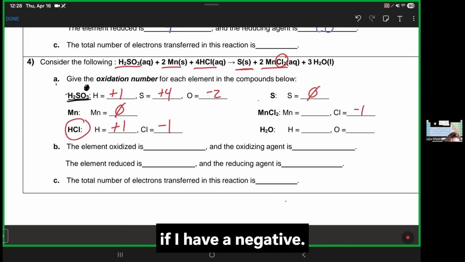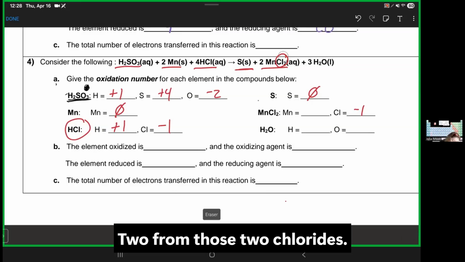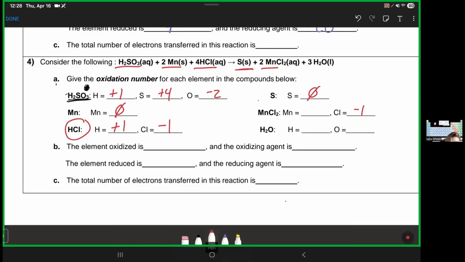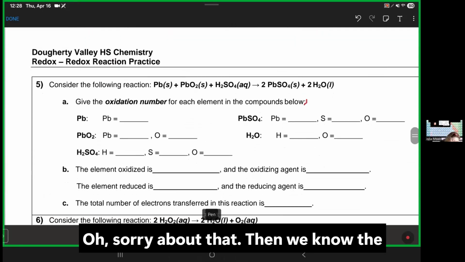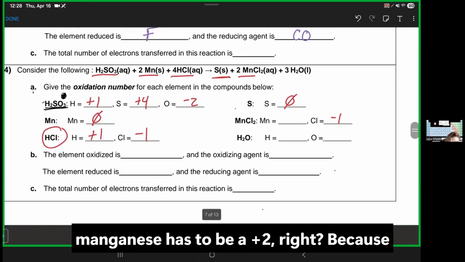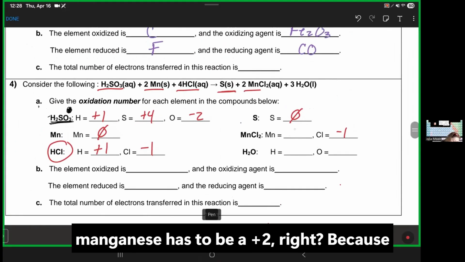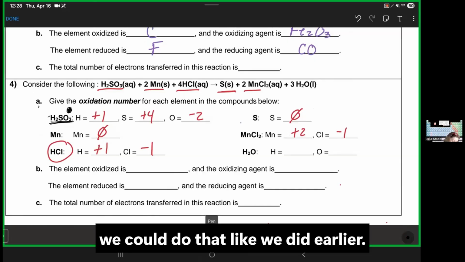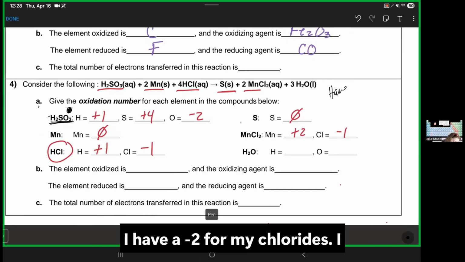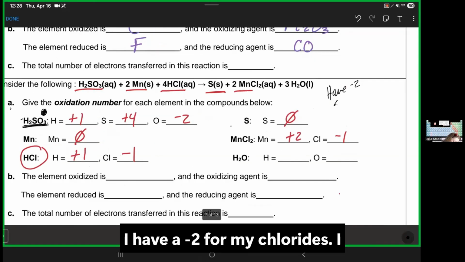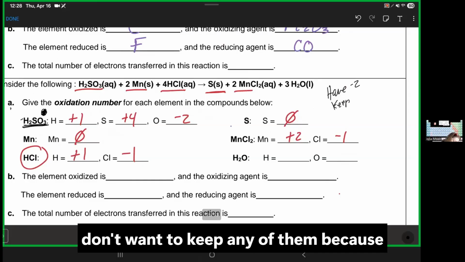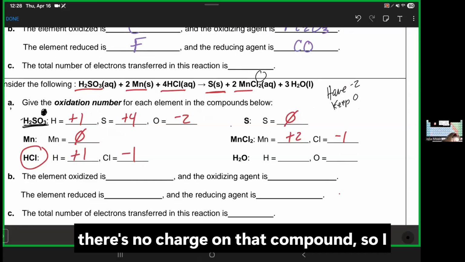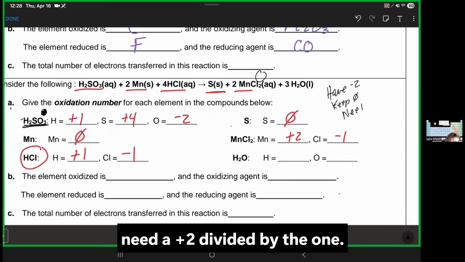Okay, so if I have a negative 2 from those two chlorides, sorry about that, then we know the manganese has to be a positive 2. Right, because we could do that like we did earlier. I have a negative 2 for my chlorides. I don't want to keep any of them because there's no charge on that compound. So I need a positive 2 divided by the 1 manganese that's there.